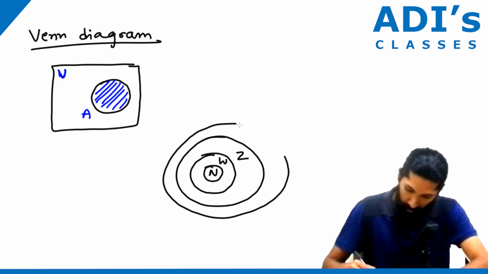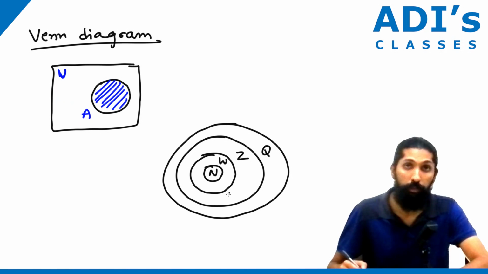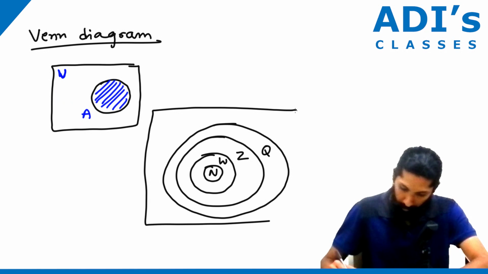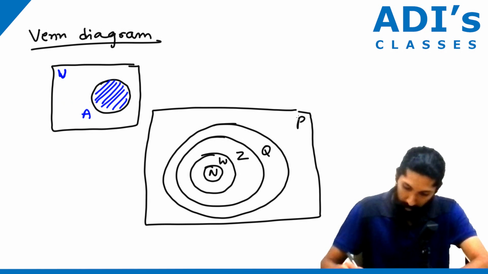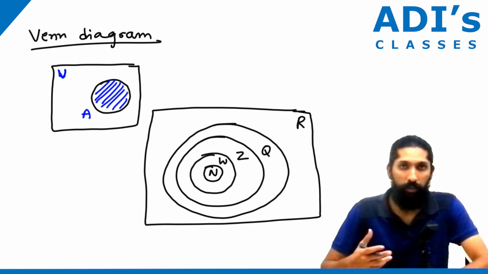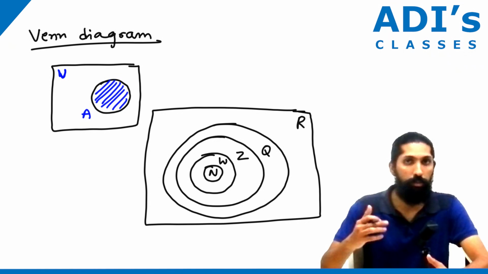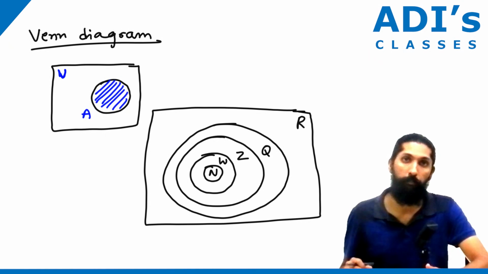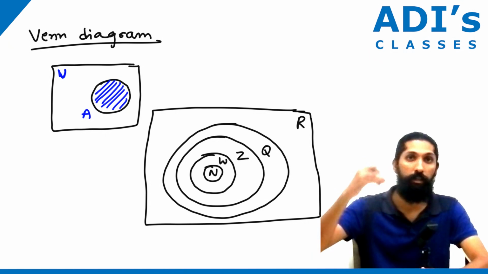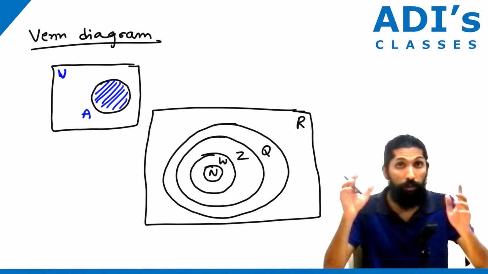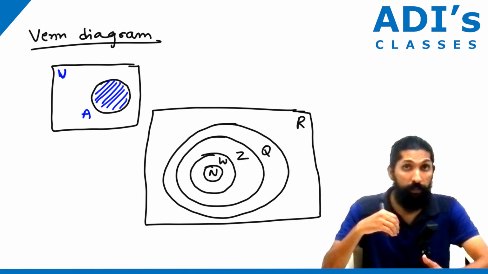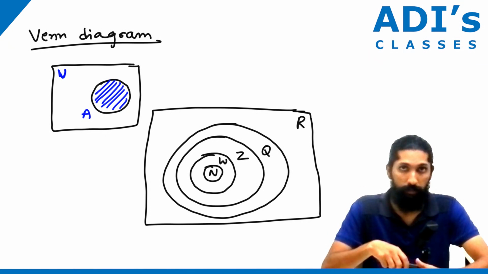The next one, rational numbers. And finally one big one which becomes real numbers. You can include irrational numbers too, it's up to you, but generally these are the sets. This is also a Venn diagram where you have a set inside a set inside a set, and finally the universal set. So Venn diagrams are used for representation of sets.